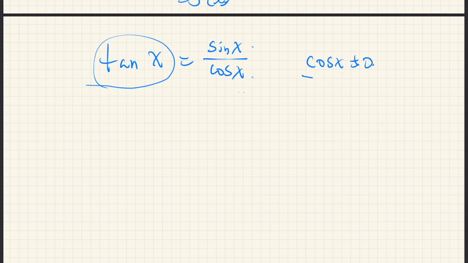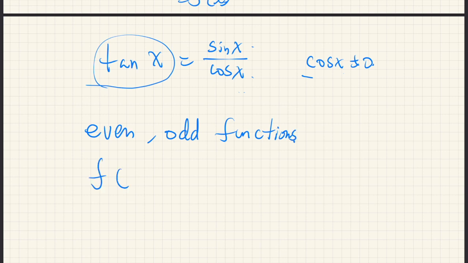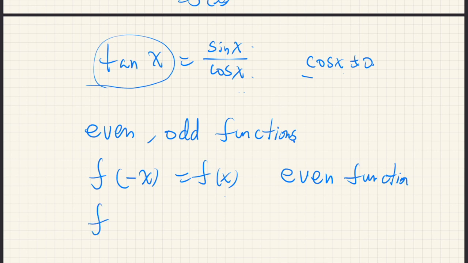And finally, let's define some technical terms called even functions and odd functions. If f of negative x is equal to f of x for all real numbers x, then we say f is an even function. And if f of negative x is equal to negative f of x, then we call it an odd function.